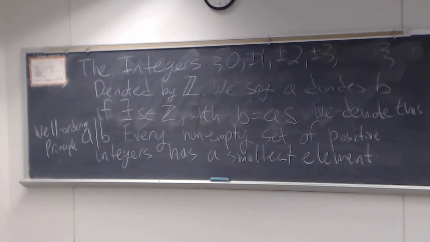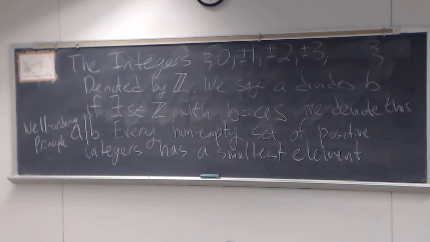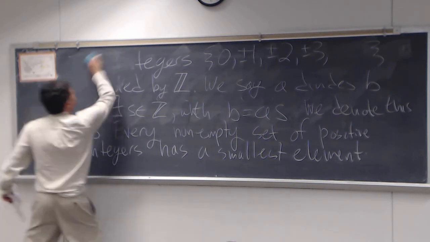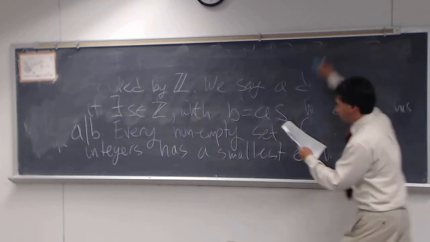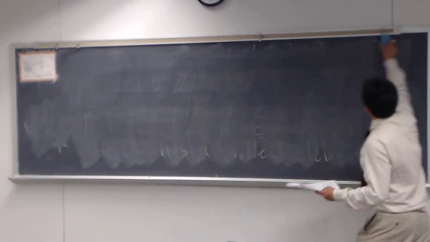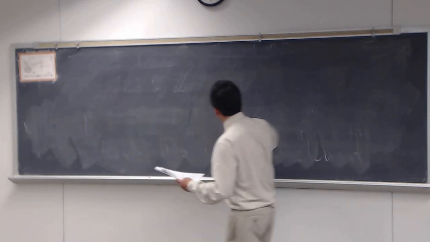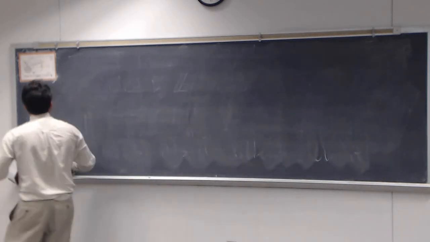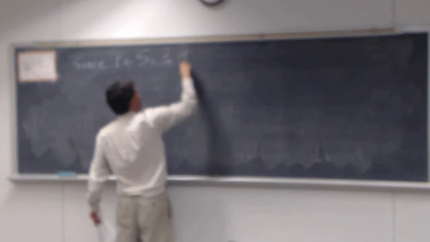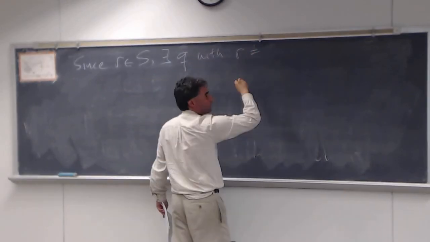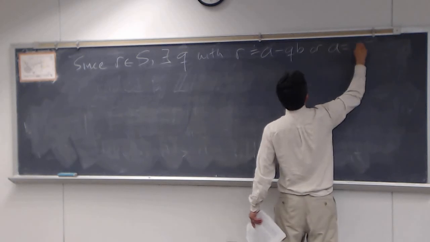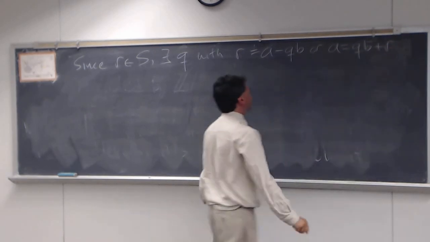So, since this element, being the least element of the set, is a member of the set, there exists a q with r equals a minus qb, or a equals qb plus r, by arranging things over.